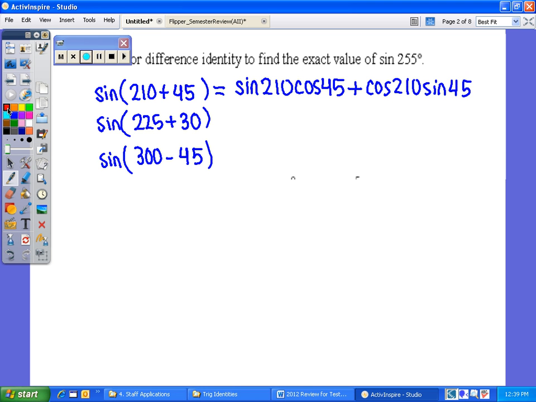Knowing on your unit circle that 210 is in the third quadrant, so sine and cosine are going to be negative. So this is negative a half, and this is negative square root of 3 over 2. Cosine of 45 and sine of 45 are the exact same thing, square root of 2 over 2.